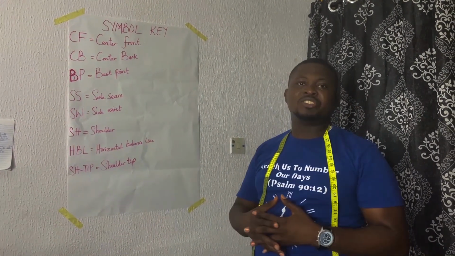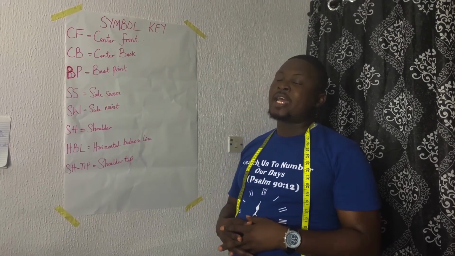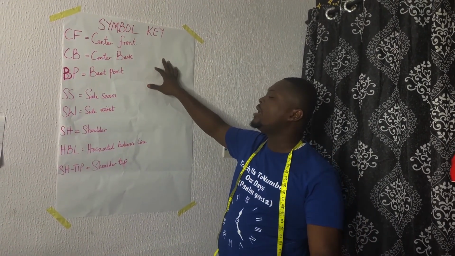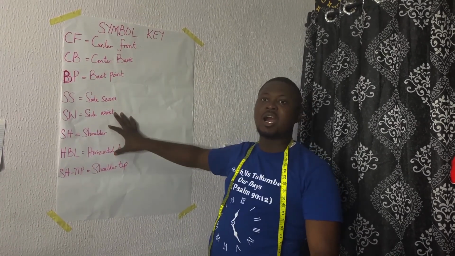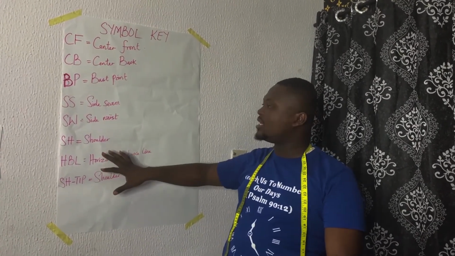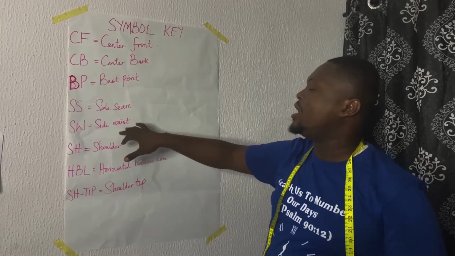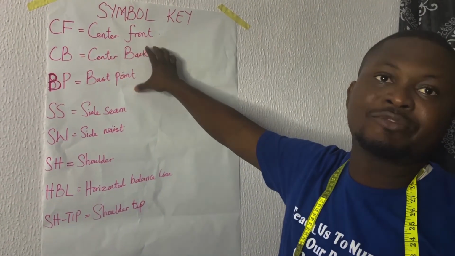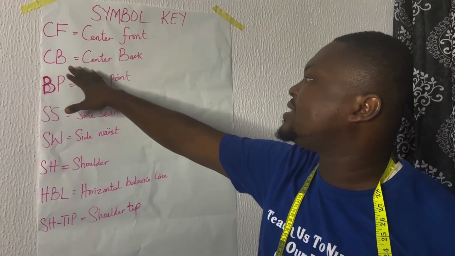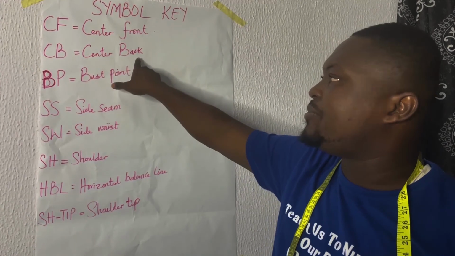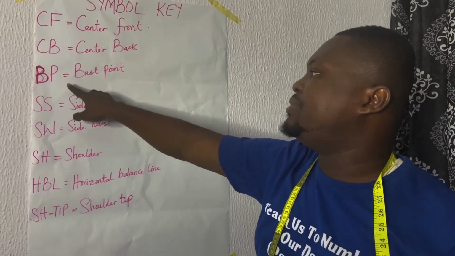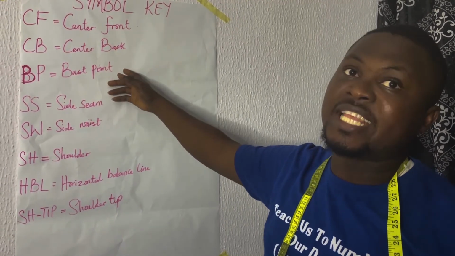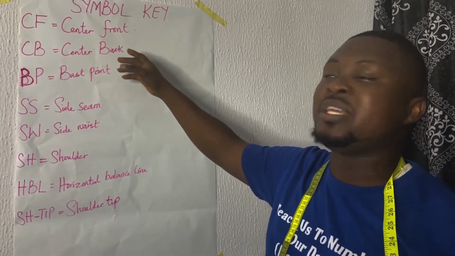Before we start our pattern drafting, we are going to be looking at the symbol key, so that as we use these terms in our patterns, they won't look strange to us. Anytime we see CF in a pattern, that means center front. CB means center back. BP is bust point, bust depth. It could even be apex.